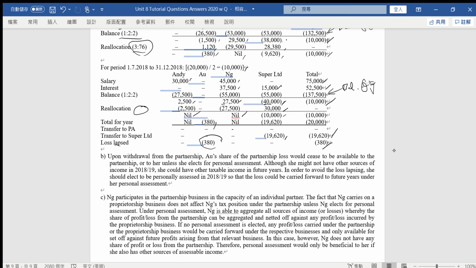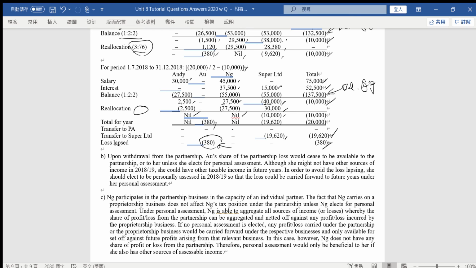In order to make use of this loss, theoretically Mr. Ao should elect personal assessment, but as Mr. Ao doesn't have any income in this year, most likely this loss cannot be used in this year. But if in case Mr. Ao elects personal assessment, then this loss can be carried forward for the next year.